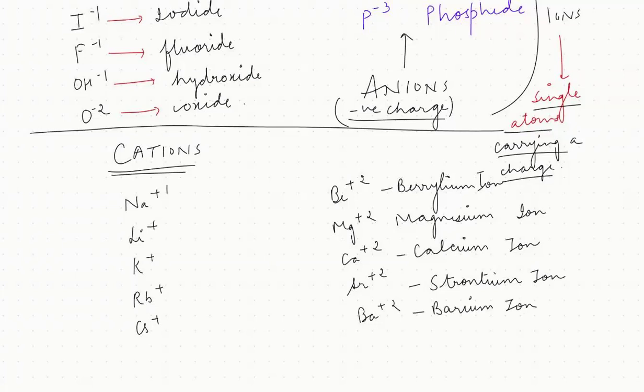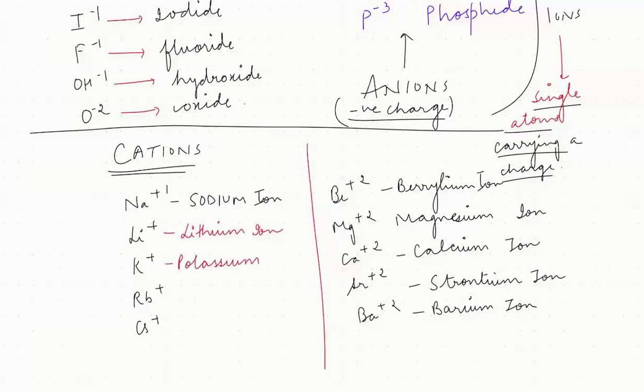So this is beryllium ion, magnesium ion, calcium ion, strontium ion, barium ion. In case of positive ions, you have to write down the names along with ion. So this would be called a sodium ion. This would be called a lithium ion. This would be called a potassium ion. This would be called a rubidium ion. And this would be called a cesium ion. Are you understanding?